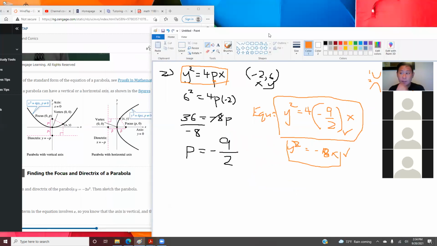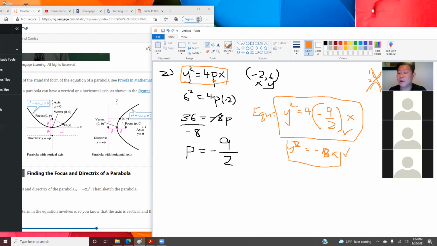Is it 2? Don't forget, this is y squared. So is that open upward, downward? 3. So because p is negative, your parabola is a C shape facing the opposite way, facing the left side.